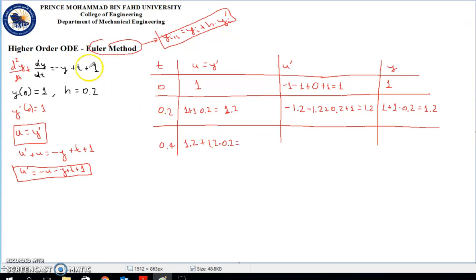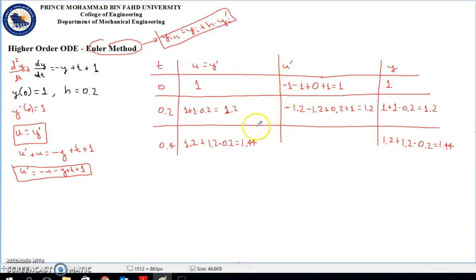This equals 1.44. y is the previous y, 1.2, plus y prime at the previous time, that's 1.2, times the step, which is 0.2. And this equals 1.44.